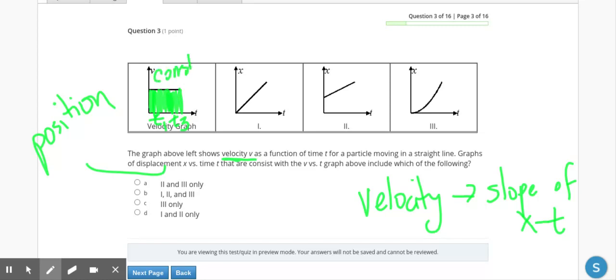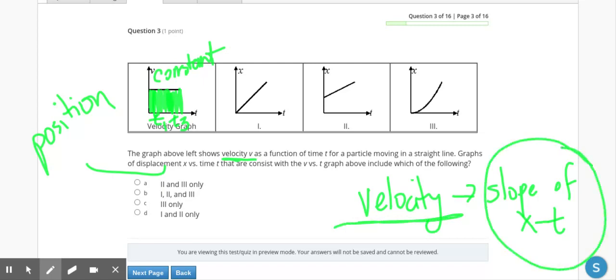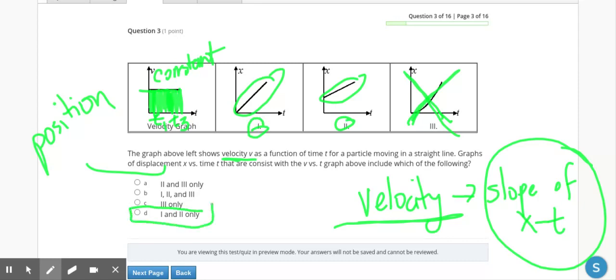So if we travel at a constant velocity, we're going to have a line. If velocity is the slope of x versus t, position time, and this has the same slope the whole way, the only thing that has the same slope the whole way is a straight line, like this or like this. It can't be a curve like that. So it's 1 and 2. This one.